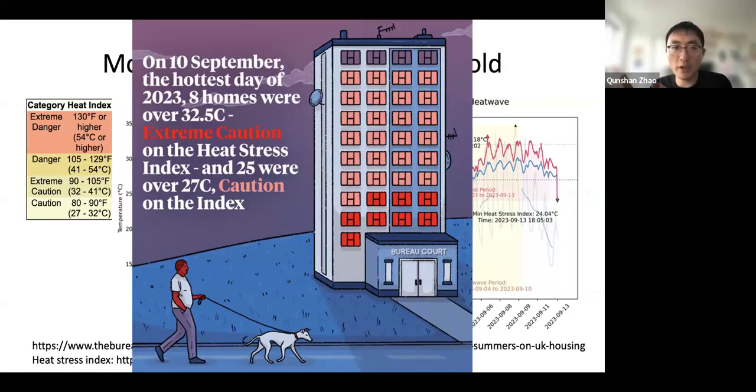And 25 of the homes were over 27 degrees Celsius, which we call the caution-only category. So it gives us some general idea that people living in London did experience this kind of extreme heat indoors. And it will only get worse, not better, if we have global warming and extreme weather.